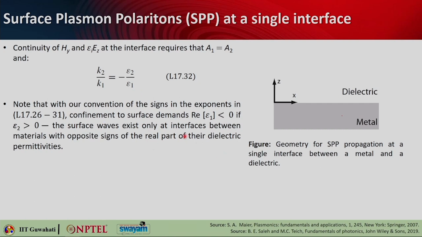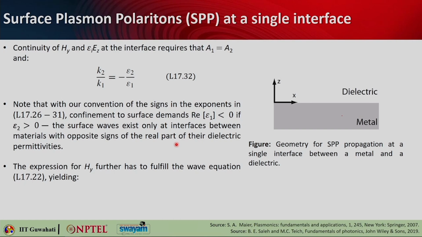Okay. So with that convention you can write that the confinement to the surface, what you have seen here, demands that the real part of the permittivity epsilon 1 should be negative if you want the other one to be positive. Okay. So that is possible when you choose one as metal and another as dielectric. So that is what we understood, that a metal dielectric interface will be able to support surface plasmon waves.